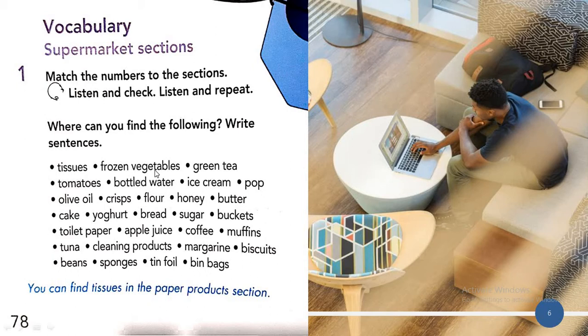Tissues, frozen vegetables, green tea, tomatoes, bottled water, ice cream, pop, olive oil, crisps, flour, honey, butter, cake, yogurt, bread, sugar, biscuit packets, toilet paper, apple juice, coffee, muffins, tuna, cleaning products, margarine, biscuits, beans, sponges, tin foil, bin bags.